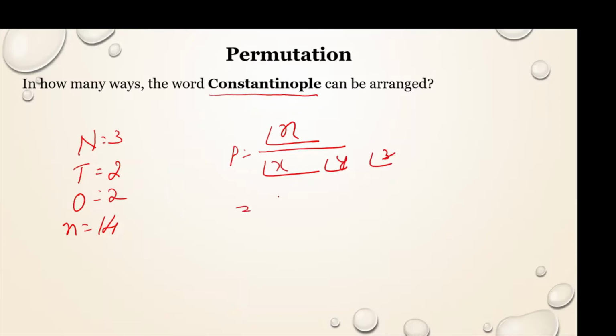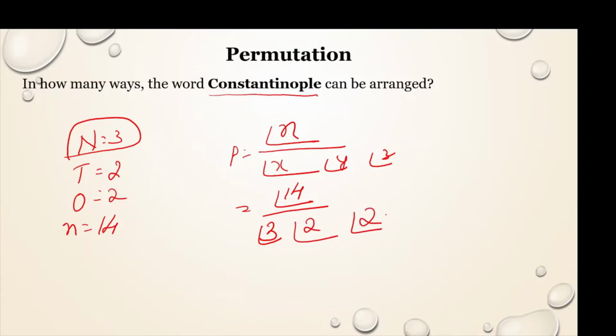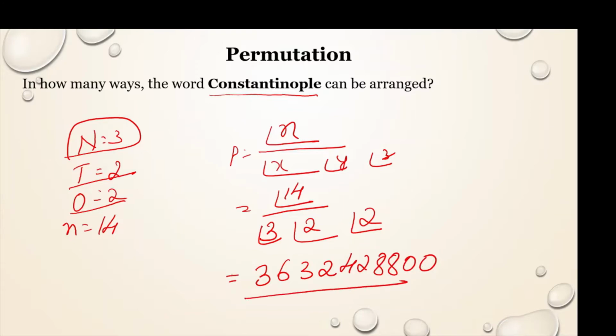In this case, n is 14, that is 14 factorial divided by 3 factorial because N is repeated thrice, and factorial 2 and factorial 2 because T and O are repeated twice. Now if you calculate using the calculator, you get 3632428800. So in these many ways you can arrange the term Constantinople.